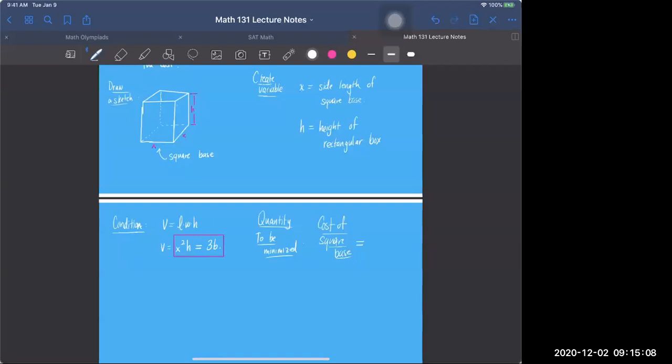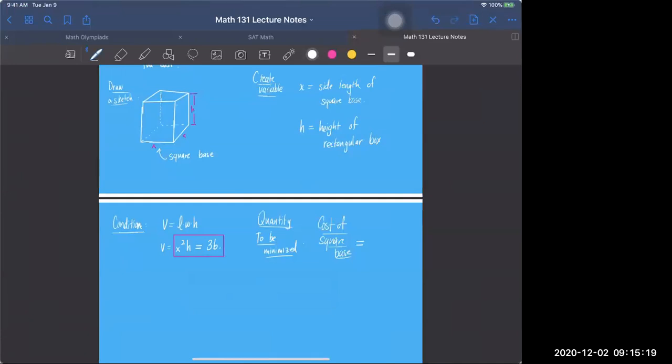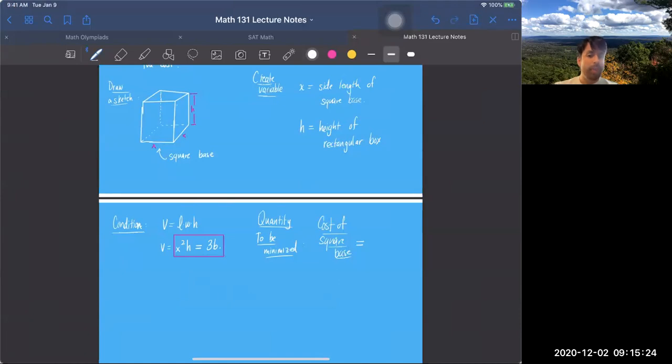Or is it 40 cents squared? It's 40 times x squared. Do you guys understand that? That's right, Badur. X squared represents the area of the square base. So given the area, we know that for every square inch, it's 40 cents. So this would be 40x squared. If you understand this, then you understand the rest. This is the first thing we do.